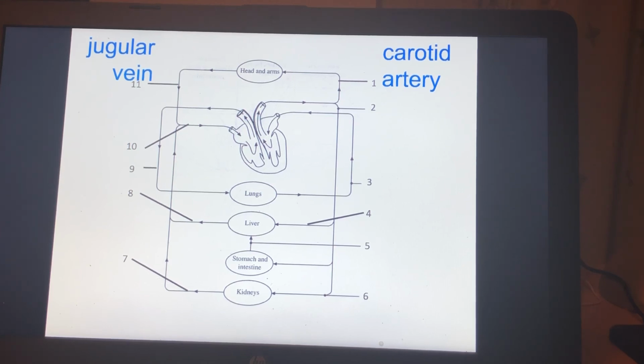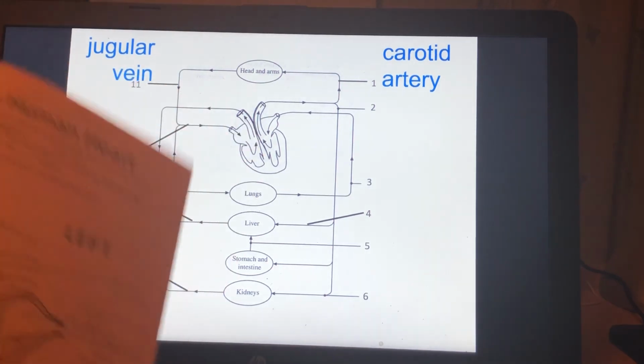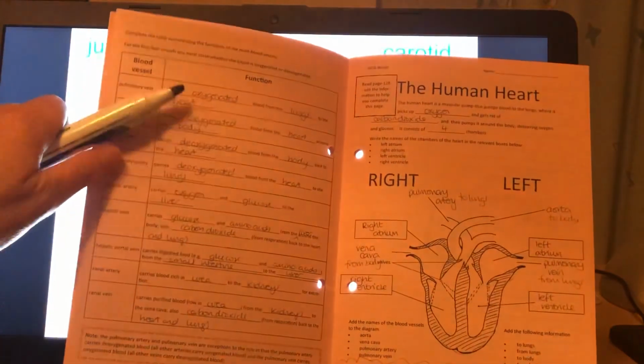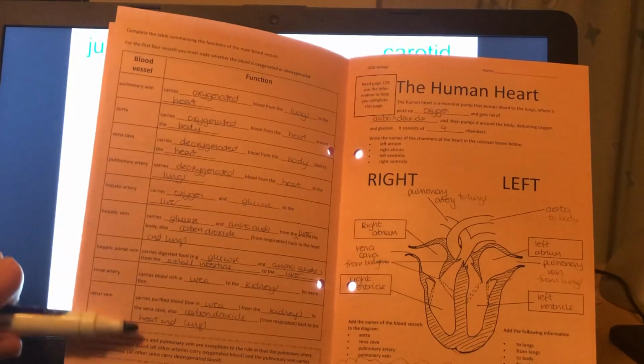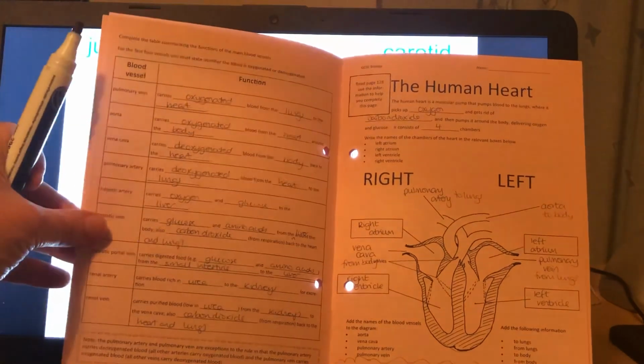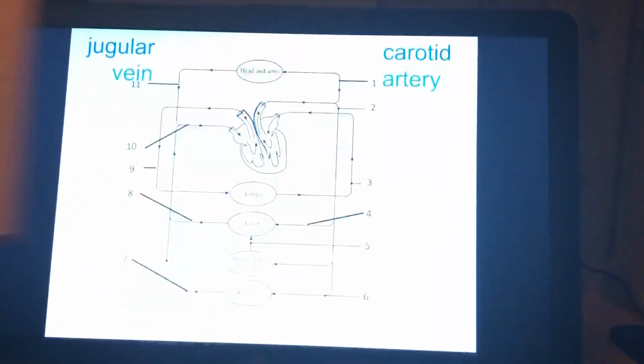So if you've made a mistake, change your notes, because you don't want to be learning the wrong thing when it comes to your GCSEs. Okay, and then what you can do is use your textbook, page 90, to fill in the answers to this page here, which is page 10 in your notes, and that's this week's work finished then.